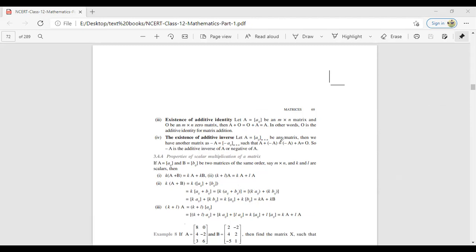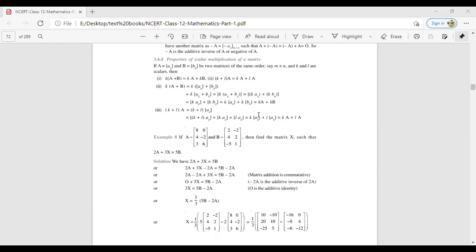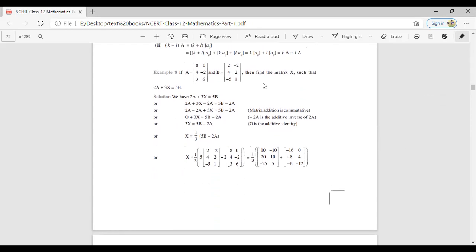Then we have scalar multiplication. These are the properties, as I told you. K can be multiplied inside, or we can add directly, or we can multiply first. So these are the simple properties which will be used in these types of matrices.